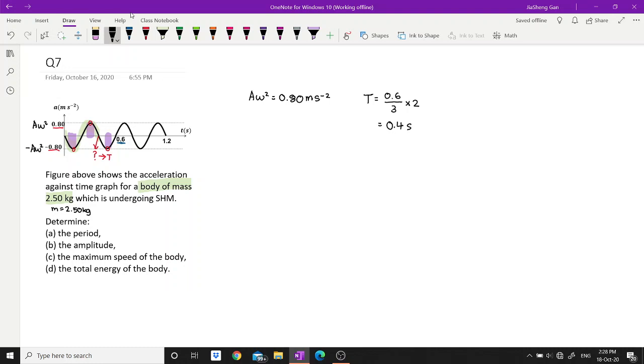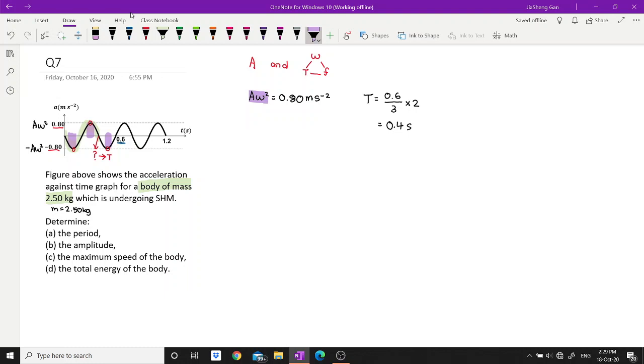Knowing all this, we can further process this A omega square here. Usually when we obtain something, we will try to obtain either an A or an omega. The A omega square that we have here is not the simplest way of representing things.